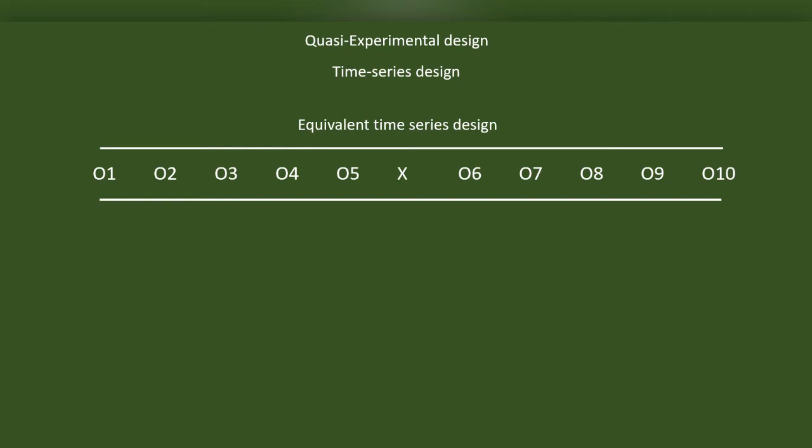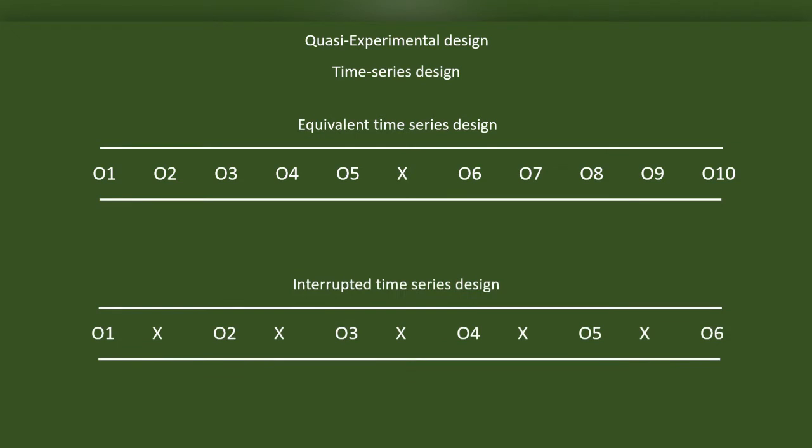There is another type of time series design, interrupted time series design. In this, after each observation, the treatment or intervention will be provided. Here, O represents observation or tests, like pre-test, post-test, or follow-up tests. X represents treatment or intervention.